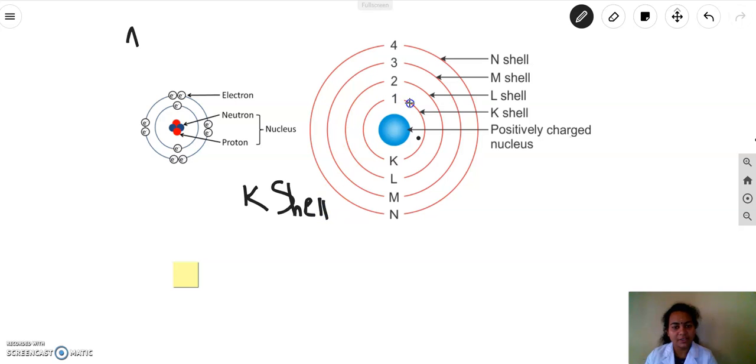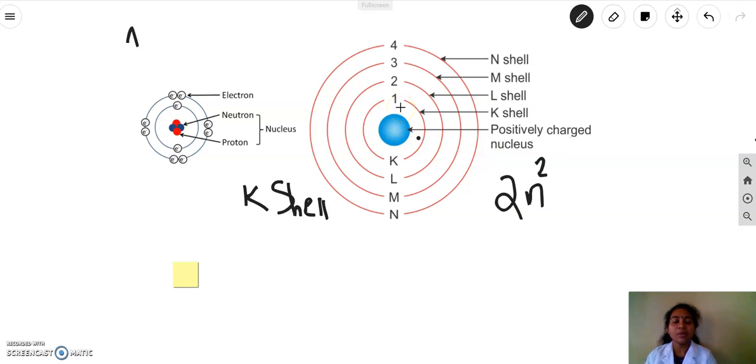The second shell is L shell, the third is M shell, the fourth is N shell, like K, L, M, N it will move on. The number of electrons which each shell can carry is given by a formula, that is 2n square, where n means the number of the shell.